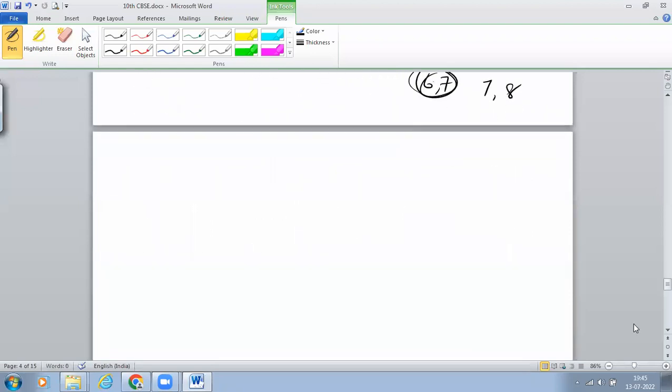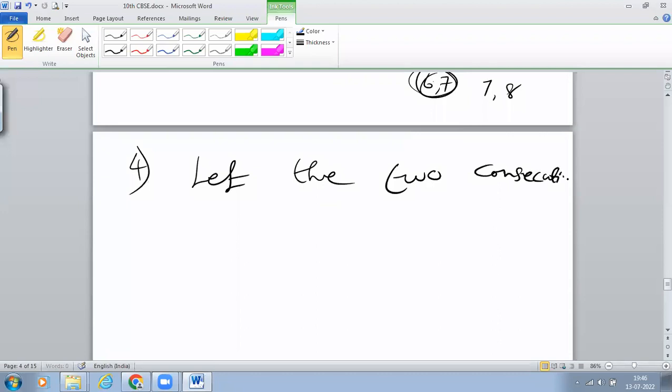Now in this fourth question, what we are going to do is, let the two consecutive positive integers be, please all of you write, ma, put solution and write: two consecutive positive integers.